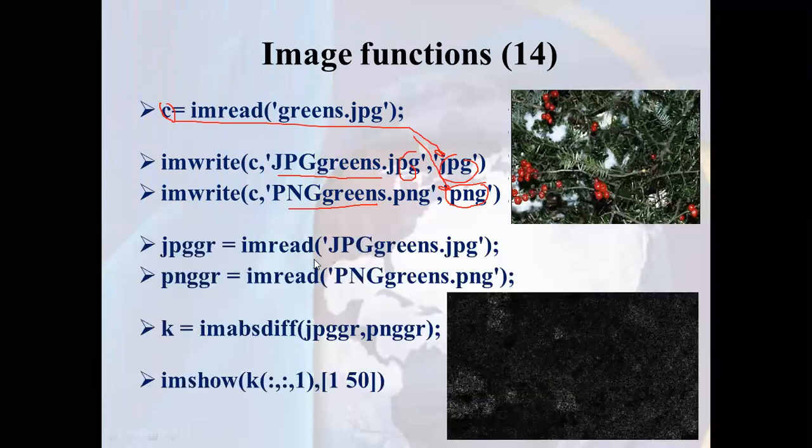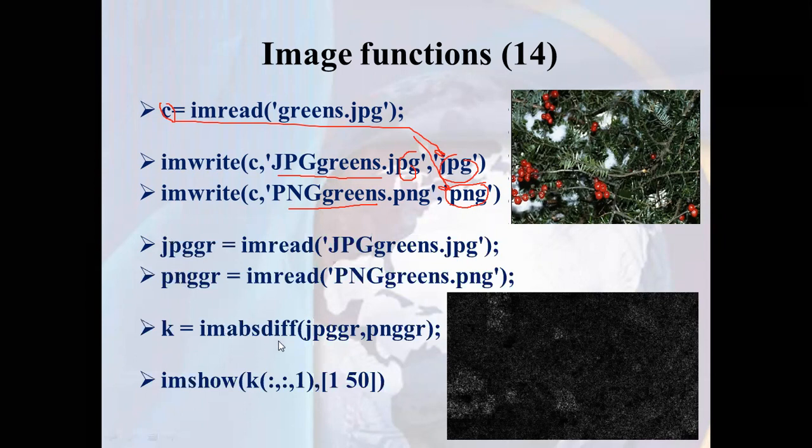So let's consider that we read the image again, the JPEG greens and the PNG greens. We read this image, one of type JPEG, one of type PNG, and we make the image absolute difference. It means we just differentiate between the two matrices, because this is a matrix and this is another matrix.